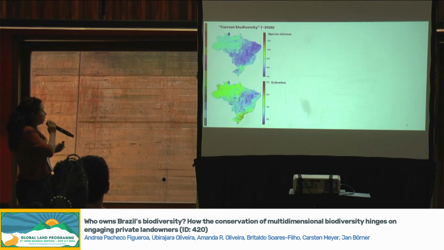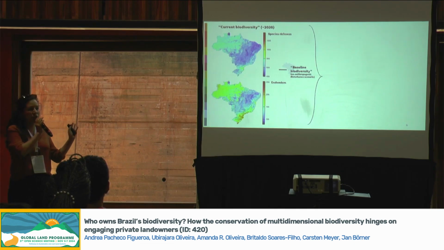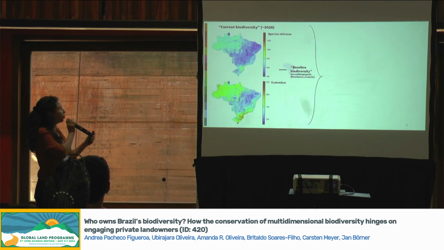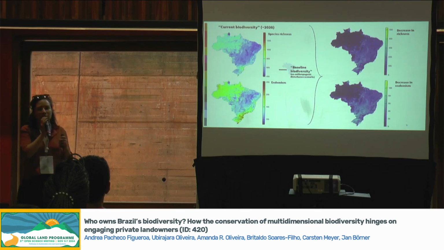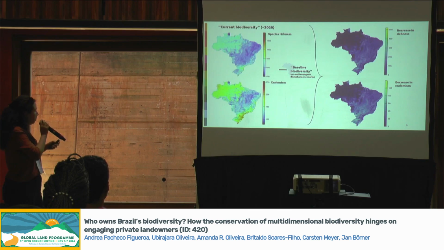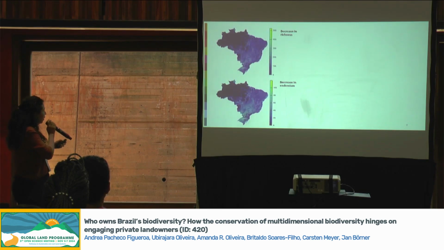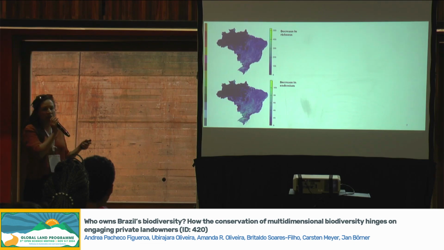And we compare this current biodiversity, as I was saying before, to this baseline, and we subtract the baseline from it to try and arrive at these maps of decreases in potential biodiversity. And this is what these look like. So here we see the lighter areas seeing highest declines.